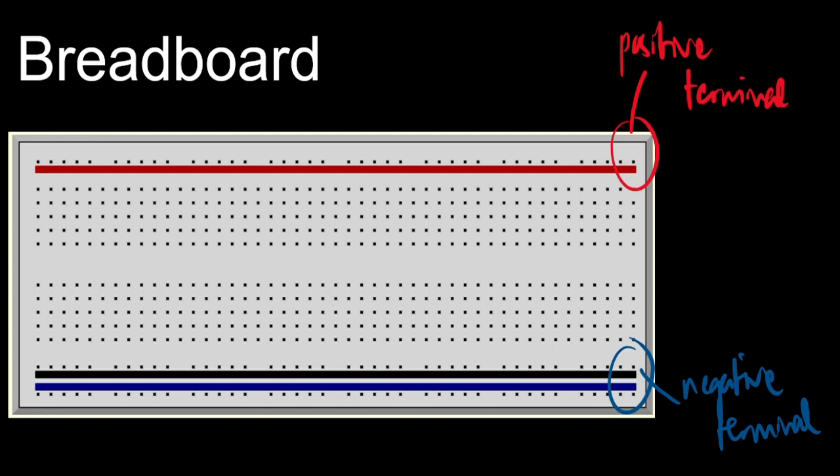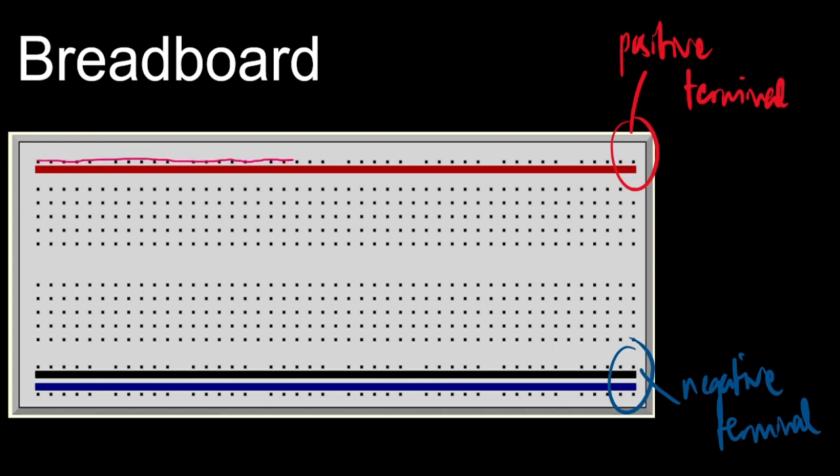Now, how a breadboard works is that some of these holes are actually connected automatically to one another based on how they are made. For instance, the holes that are on top are all connected horizontally, like this one.